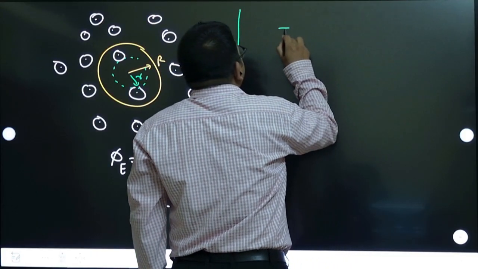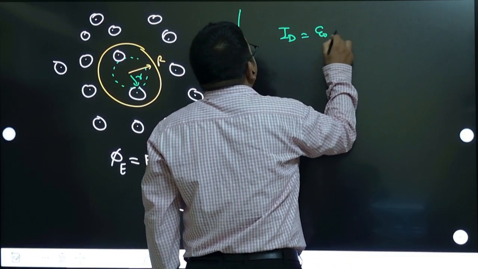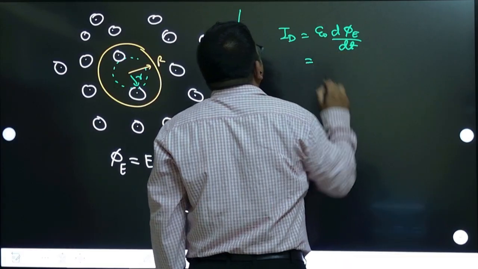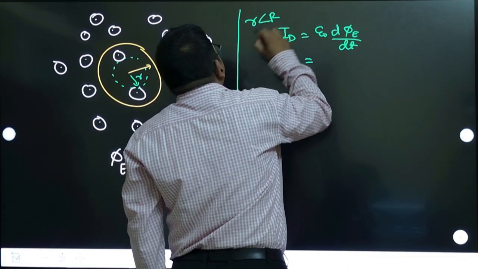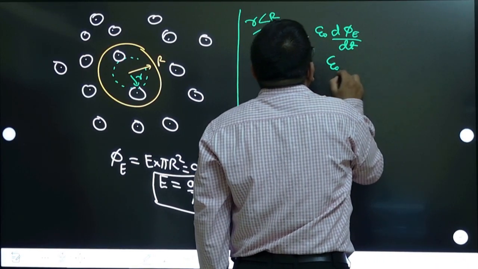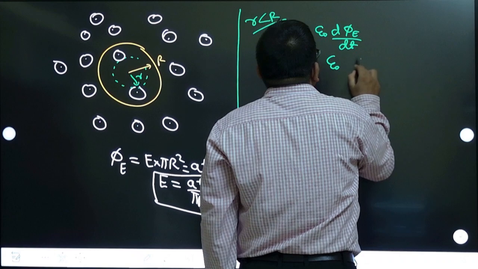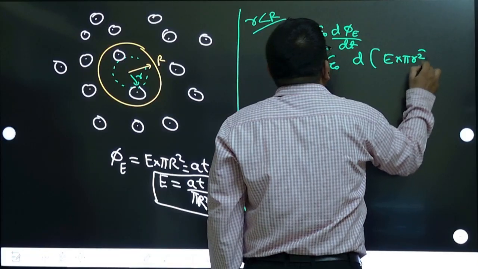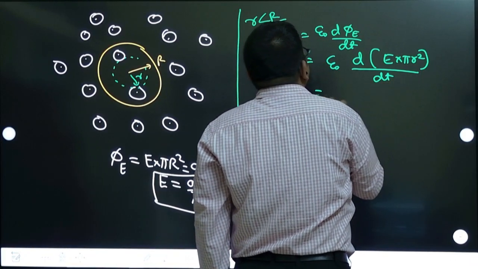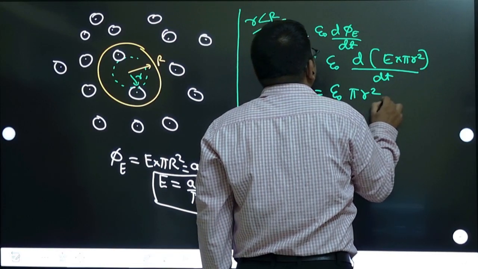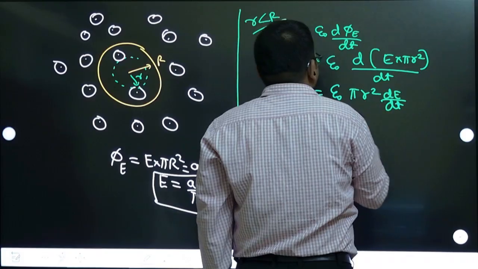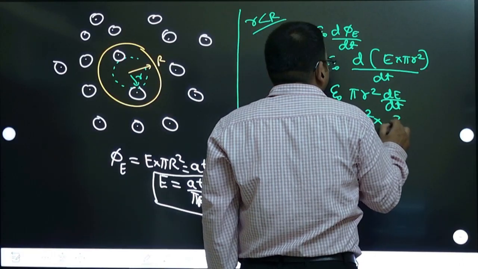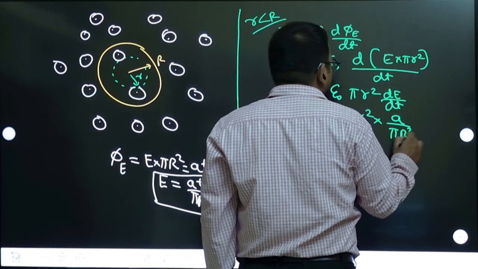So displacement current calculation will be epsilon naught d phi E by dt for this smaller region. r is less than capital R, this we are choosing. So epsilon naught, same way, differentiation of E into area pi r square by dt. So epsilon naught pi r square dE by dt. There is not going to be much change in this. dE by dt will be the same, A by pi capital R square.